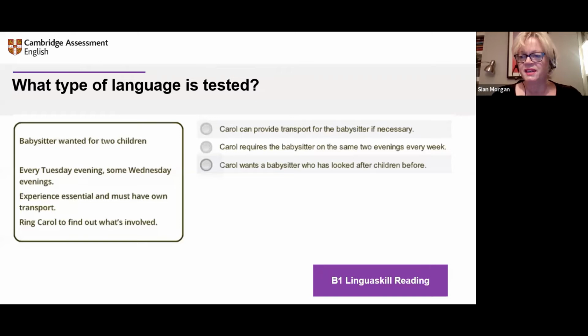You'll need to understand modals of necessity, must, can, some determiners, every, some, and have some lexical knowledge. Phrases like experience essential, you need to be able to work out what that means. This language is all part of a context, in this case, a short notice advertising a job. And all of the language that we use in our tests is presented in context because that's how language is used and encountered in real life.